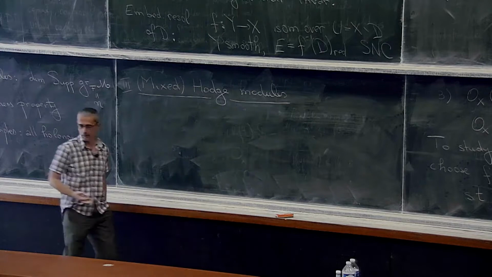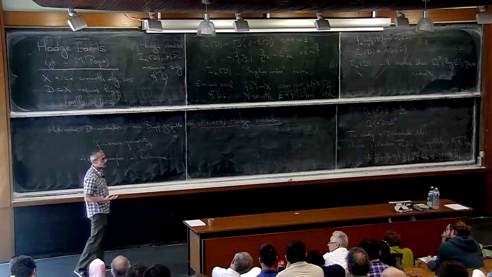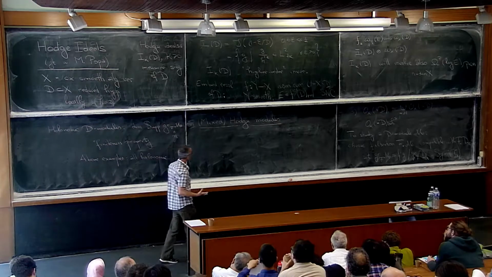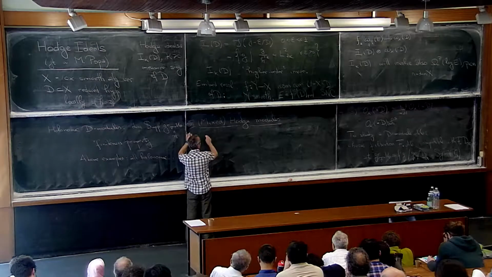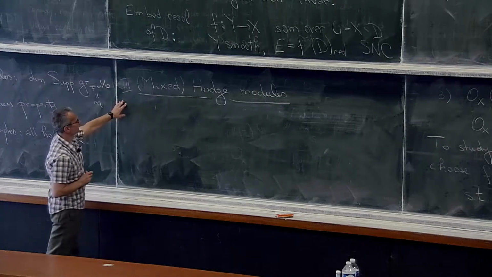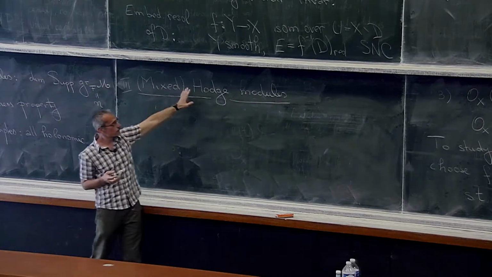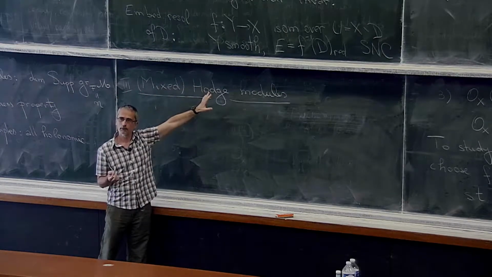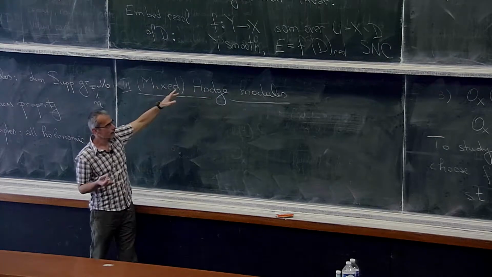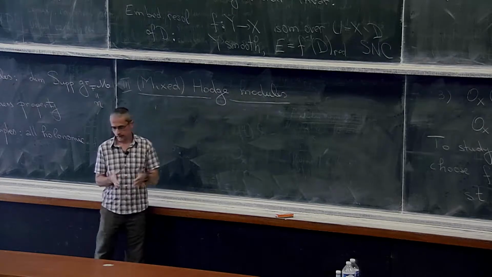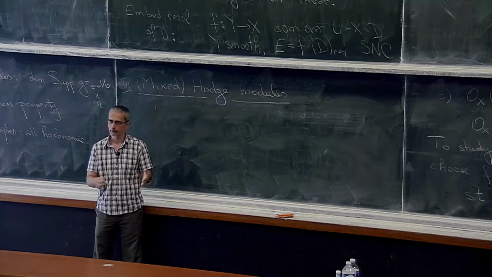All right, so first of all, how one could think about these objects. One intuition is that, first of all, what is a Hodge module over the point? That's simply a vector space with a Hodge structure. If it's mixed, then you have a mixed Hodge structure. In the same way, if you have a sheaf on a variety, you can think of it as a family of vector spaces.